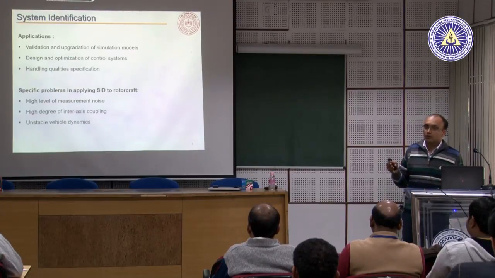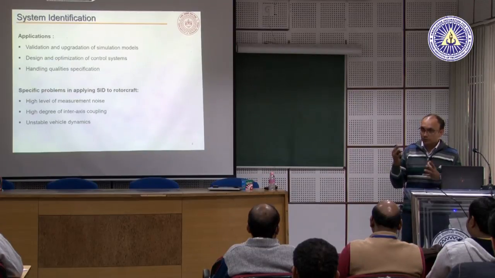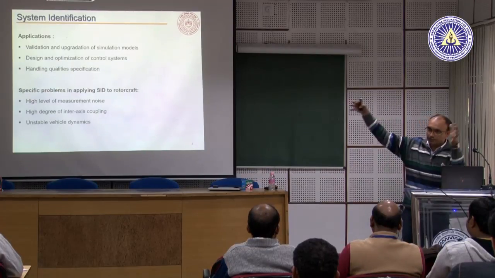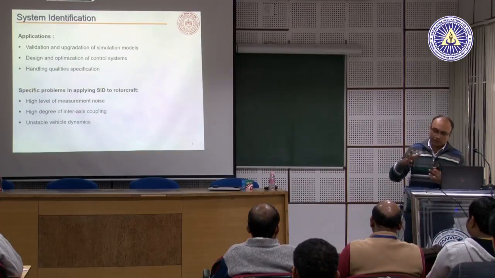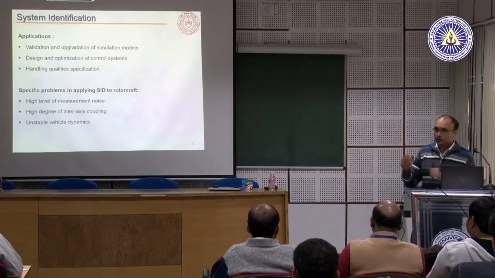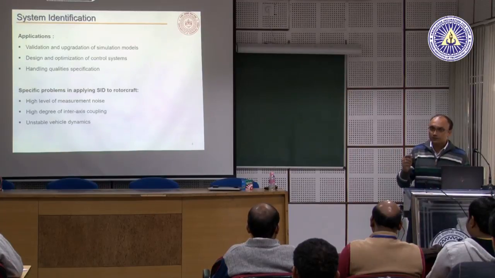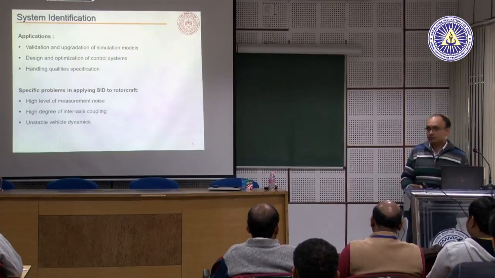Beyond that, there is always some imbalance. It is a rotating imbalance, that is, the CG of the blade rotor system is not going to coincide with the axis of rotation of the rotor. As a consequence, there is always this 1 per rev vibration that also gets transferred to the fuselage. To understand this 1 per rev better, I believe all of you have used a washing machine at some point.